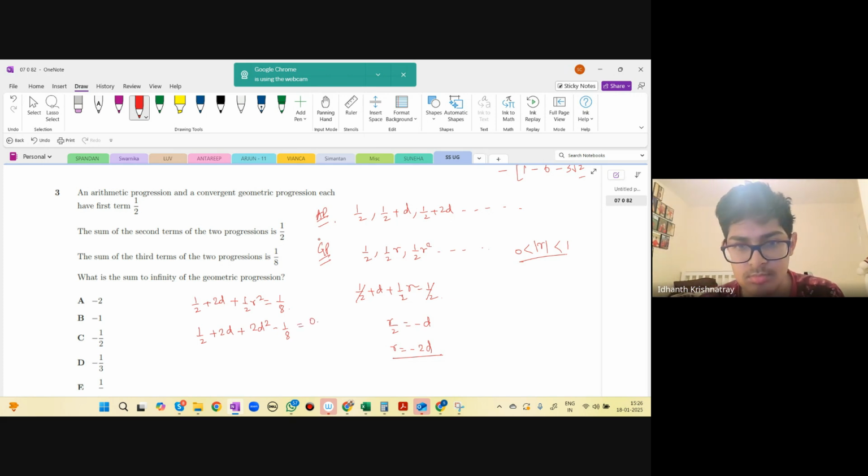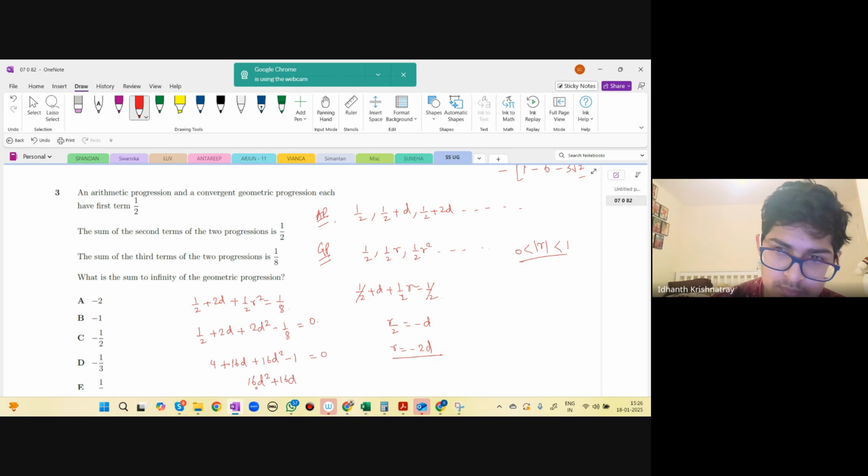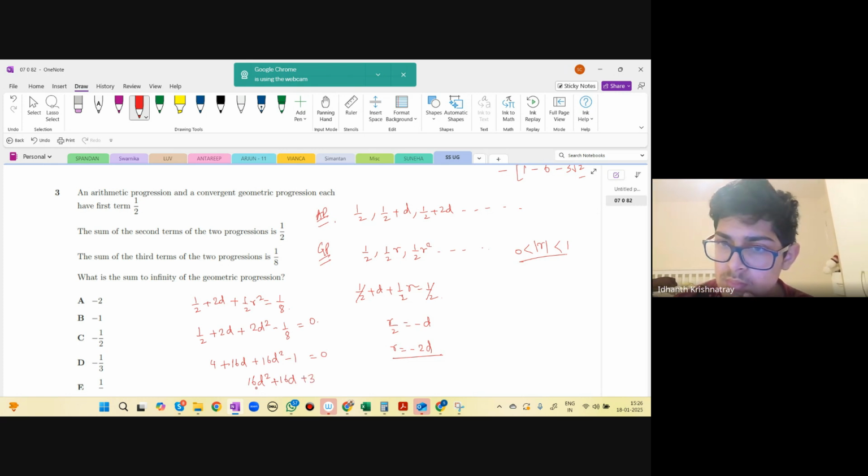Now multiply throughout by 8, you get 4 plus 16D plus 16D square minus 1 equal to 0, or 16D square plus 16D plus 3 equal to 0.